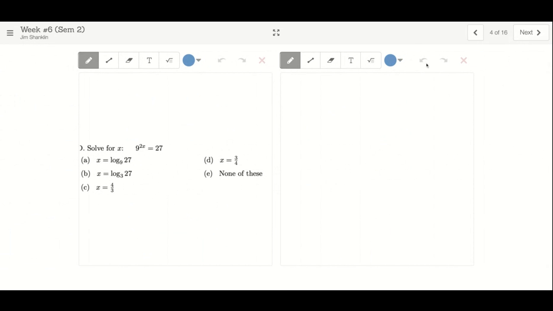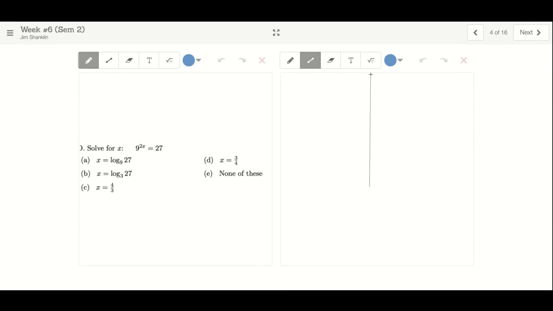Now this one I can do 2 different ways, okay? And I will do it both methods. It really doesn't make any difference how I do this problem. So I'm gonna do both of the methods that I showed you guys, okay?